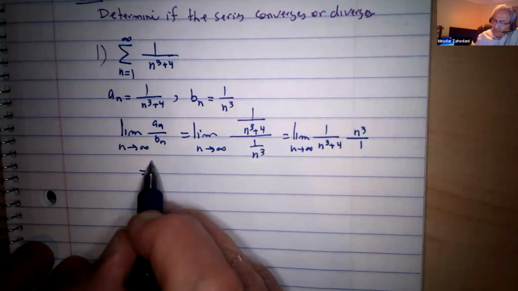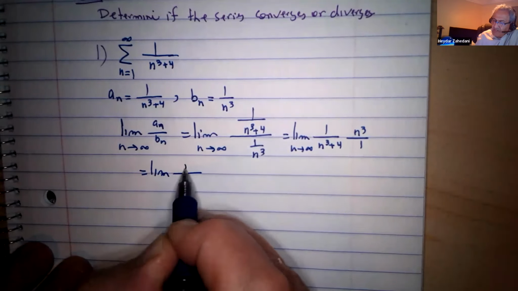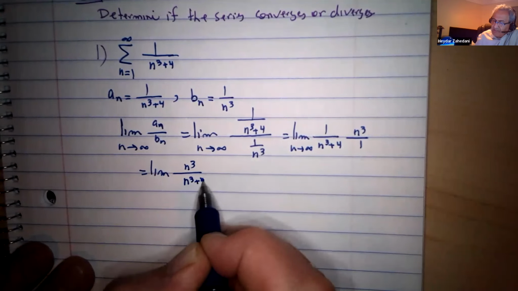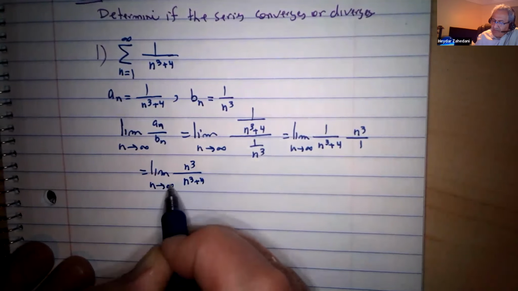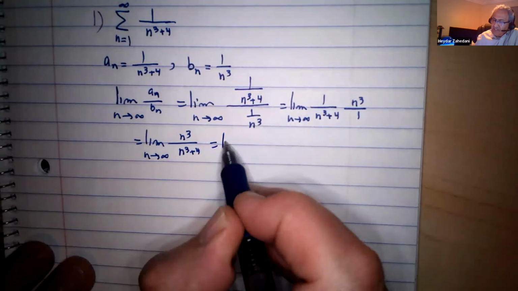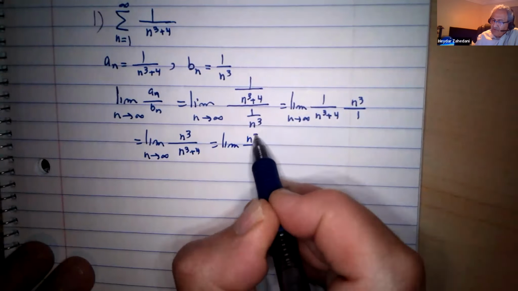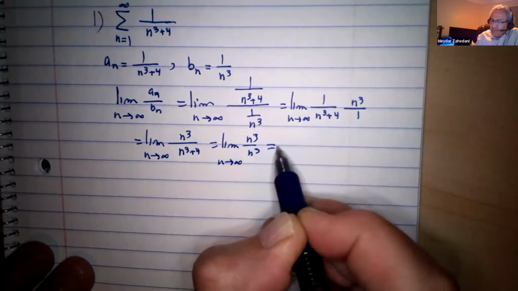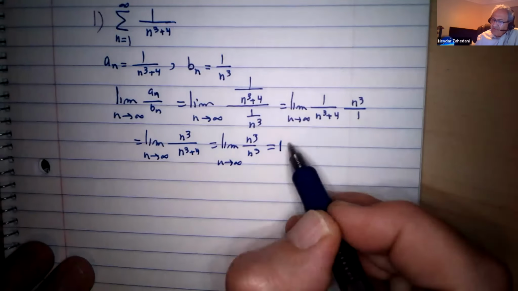So this is the limit of n cubed over n cubed plus 4 as n goes to infinity. You know that the powers are the same, so if you shrink it, that gives a limit of n cubed over n cubed, and this is 1. 1 is always positive.